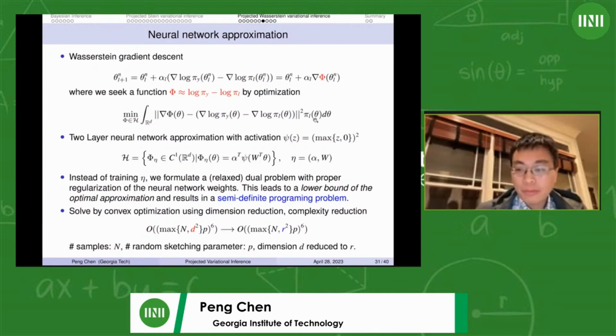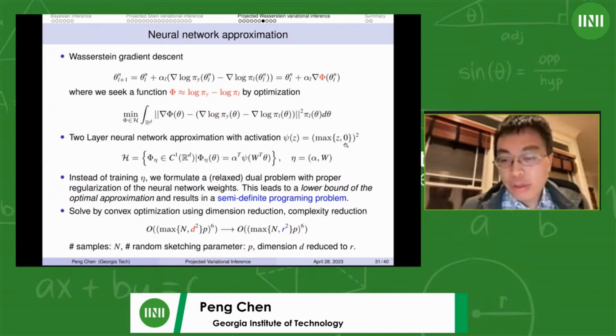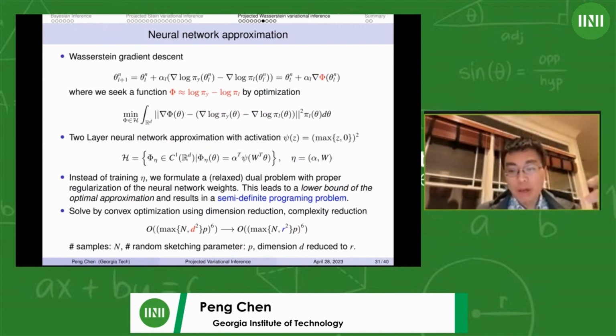Now we use a two-layer neural network. There is a specific property of the two-layer neural network approximation, and we also use a nonlinear activation function, which is the square root of ReLU. The reason to choose the square root of ReLU is because we need to take the gradient here, and after proper integration by parts, we also need to take the Hessian of this neural network.